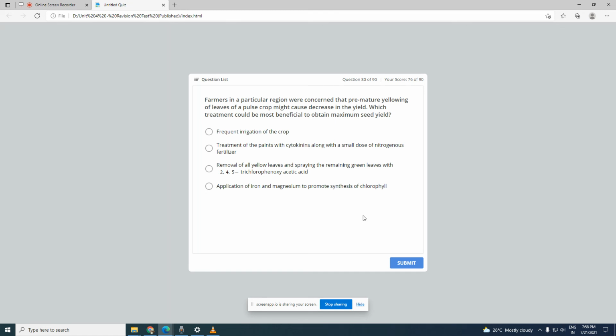Option B, treatment of the plants with cytokinins along with a small dose of the nitrogenous fertilizer. Option C, removal of all yellow leaves and spraying the remaining green leaves with 2,4,5-trichlorophenoxyacetic acid. Option D, application of the iron and magnesium to promote the synthesis of chlorophyll.